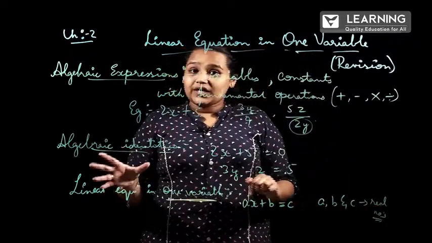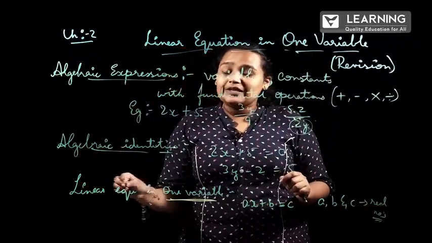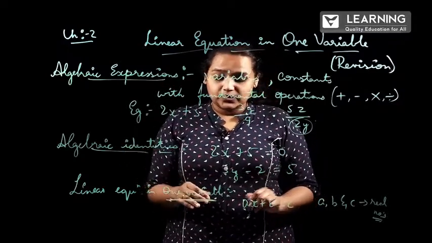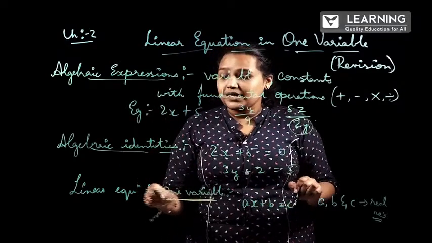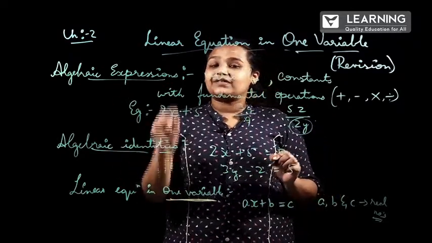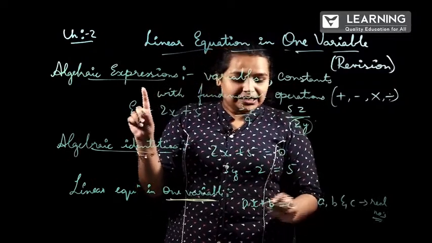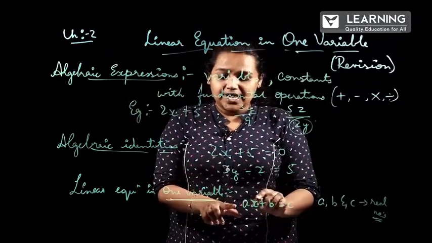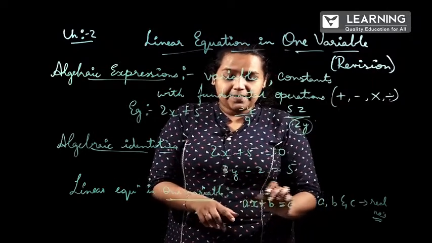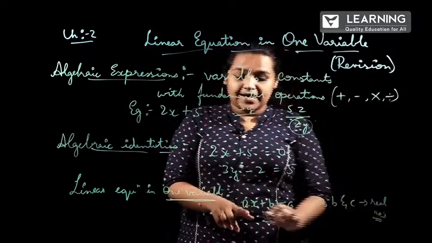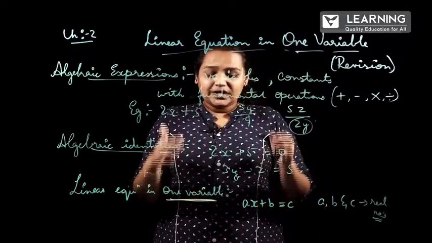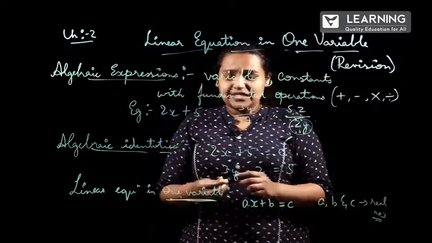So the linear equation is an equation in the form of ax plus b is equal to c, and here linear means it is in a straight form, and it will have just one variable. You can see a, b, c are real numbers and x is the only variable which we are going to deal with in this chapter.